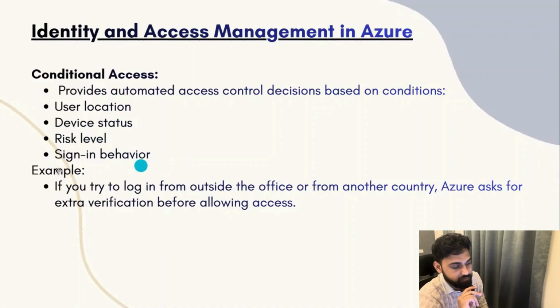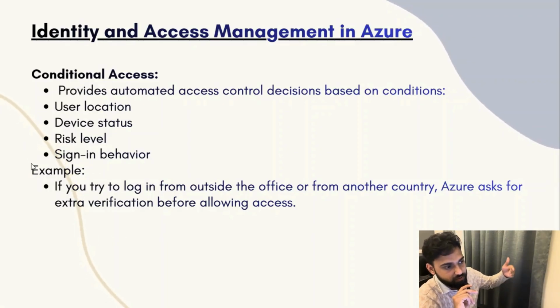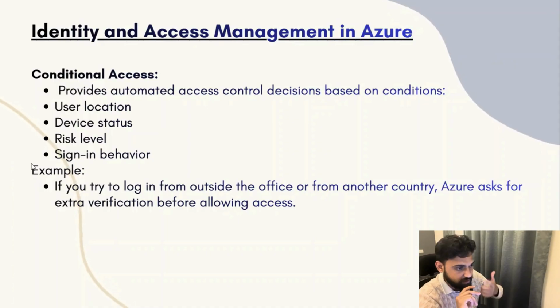Sign-in behavior means how they are signing in, maybe they are signing in again and again with different devices. If they are trying to sign in multiple times, maybe 10 times, then you will not allow them to sign in an 11th time, and you will block the account.